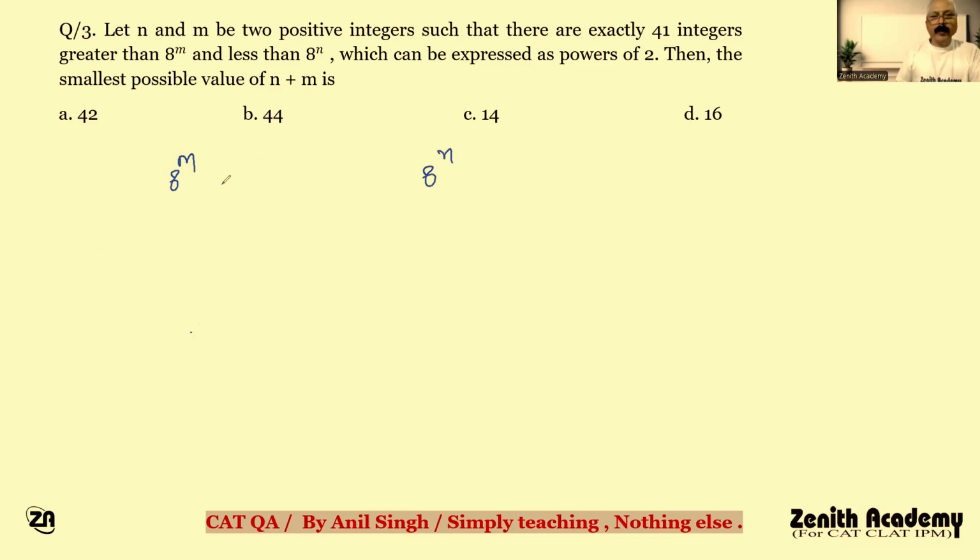There are 41 integers greater than 8 to the power m and less than 8 to the power n, and these 41 integers can be expressed as a power of 2.